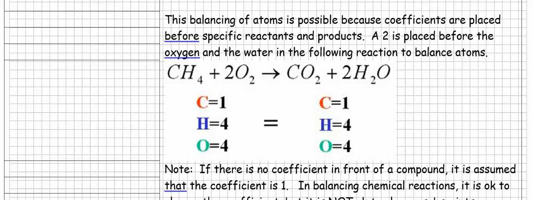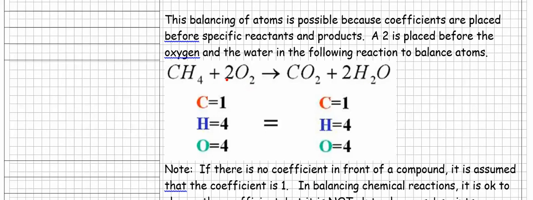A 2 is placed before the oxygen and the water in the following reaction to balance the atoms. So let's take a look at this combustion reaction. We've got this molecule here that is called methane. CH4 is called methane. It's a hydrocarbon, hydrogen and carbon. A hydrocarbon molecule in the presence of oxygen burns to form CO2 and H2O. It forms carbon dioxide and water.